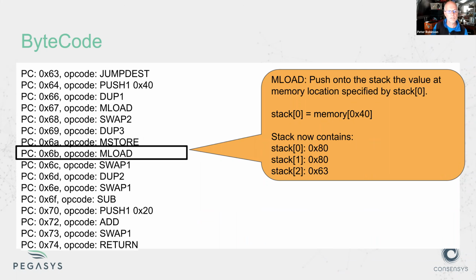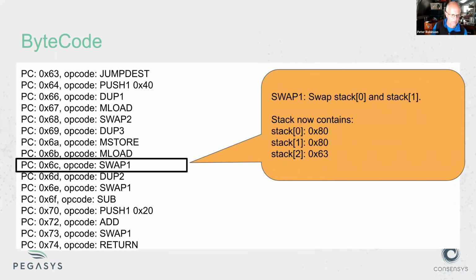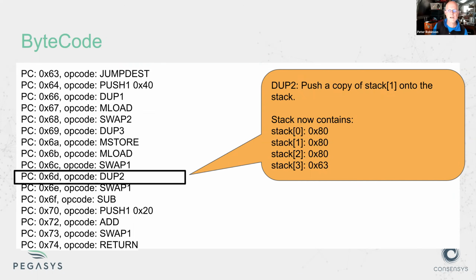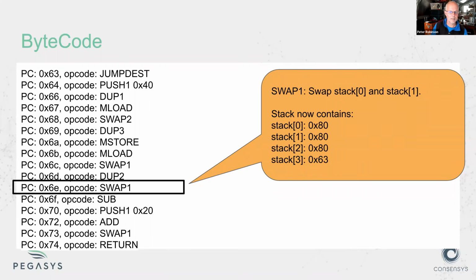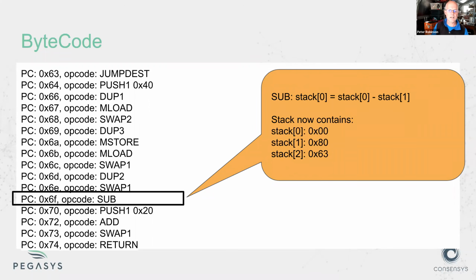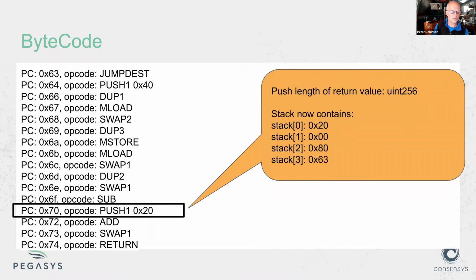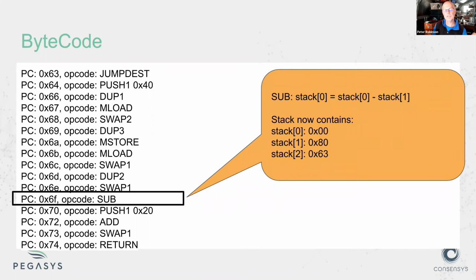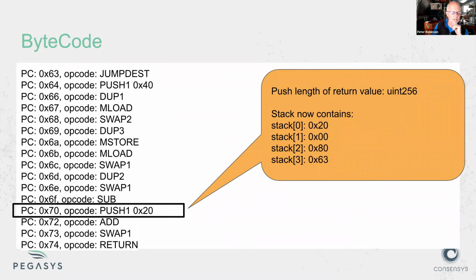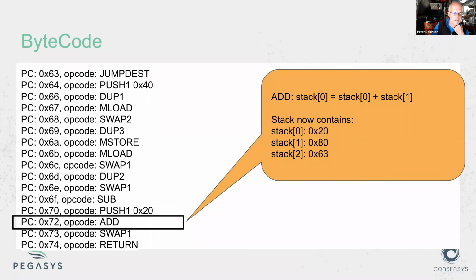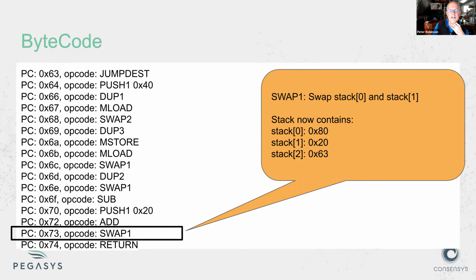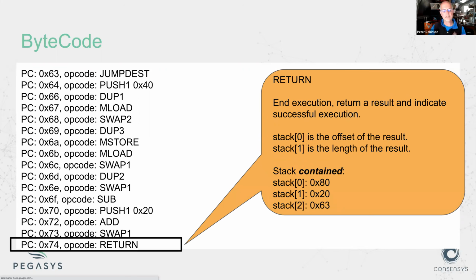So we've got a copy of it, and we do a bit of stack manipulation. And then we say, well, we're essentially creating how big is the return value that we're going to be creating and what's its offset. And then after all of that manipulation, we're then ready to return.